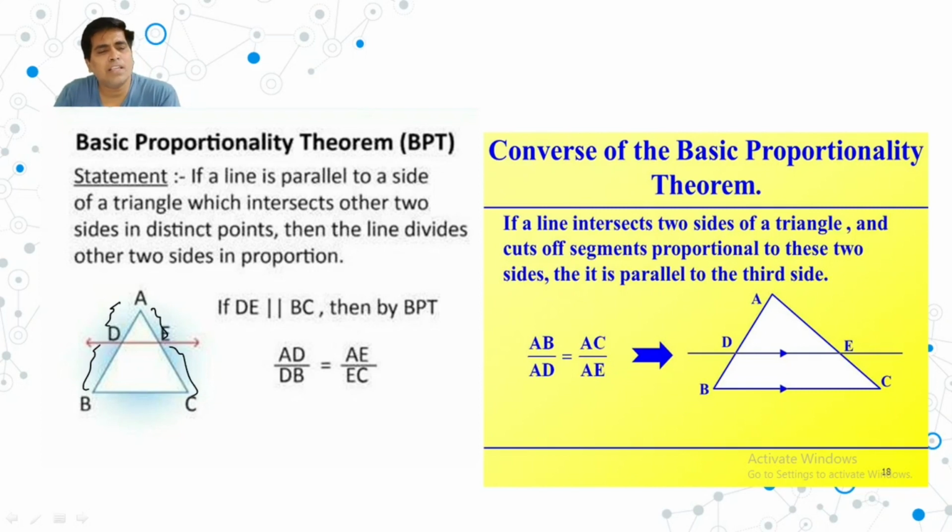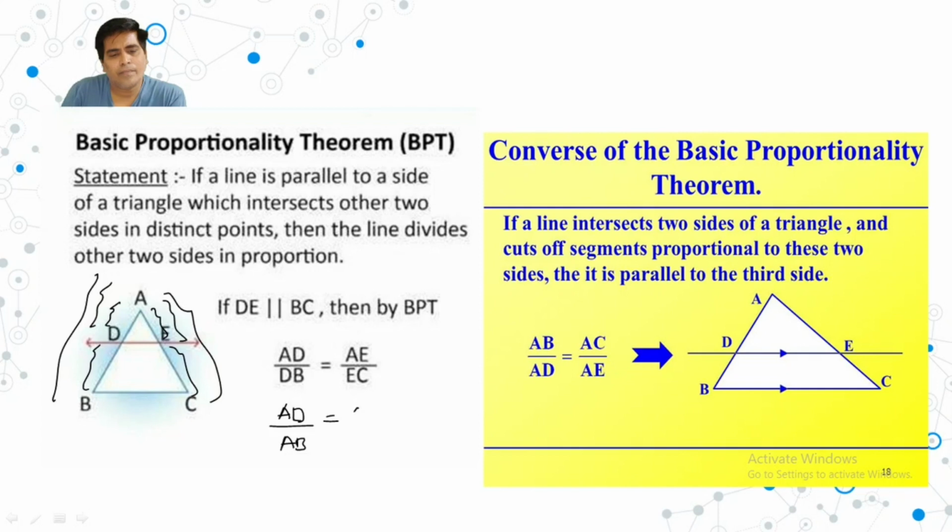The same theorem we can express like this also. AD is same, but I'm taking the whole thing AB. So AD by AB is equal to AE by AC. So this is also the basic proportionality theorem.